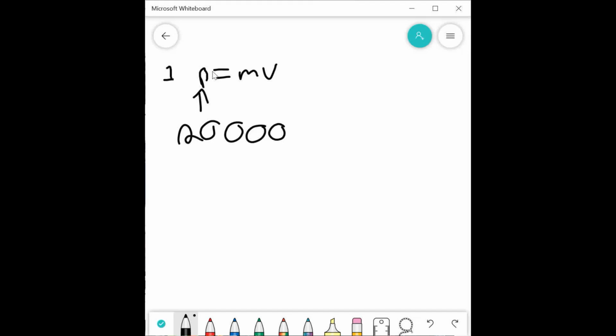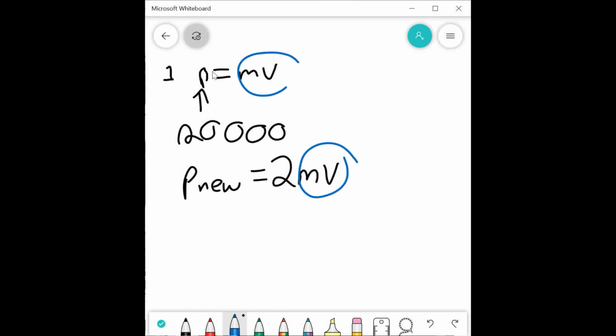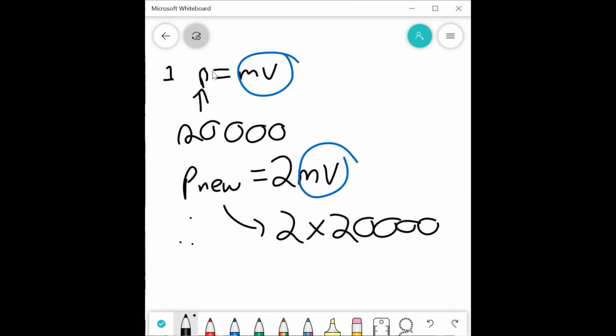For the new one, we're told that it is 2 times the mass, but it has the same velocity, so that is a common factor. Therefore, your new momentum is 2 times 20,000, which is equal to 40,000 kilograms meter per second.